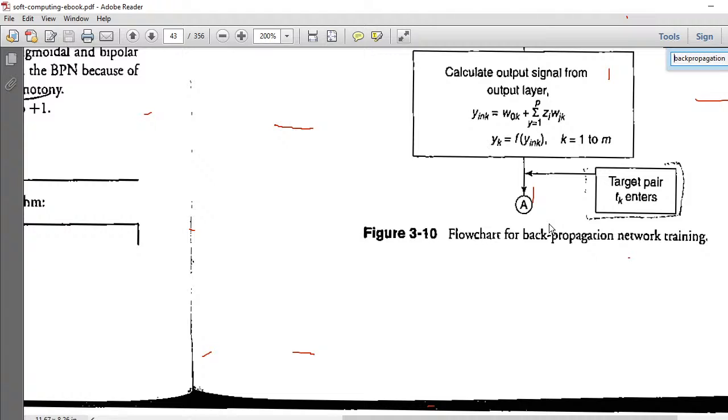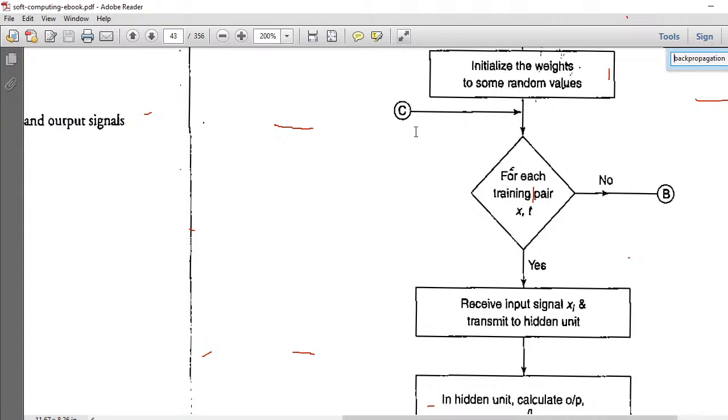Okay, so if you see, this is the C, right? So again it will start one more iteration. This is the idea. It will start one iteration again.